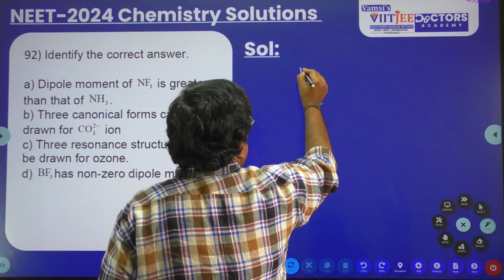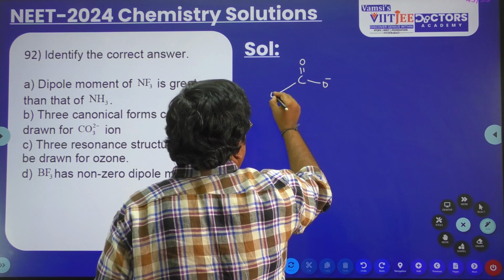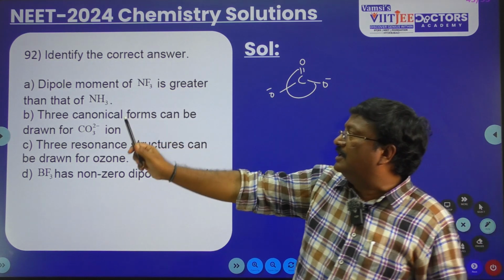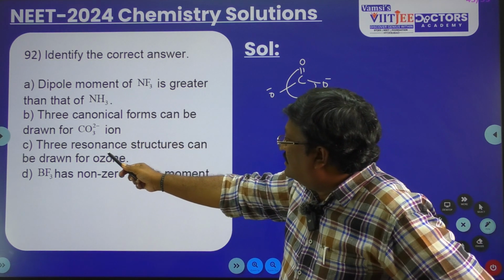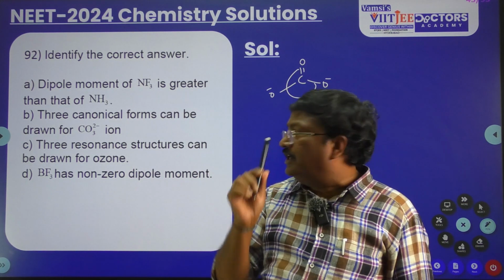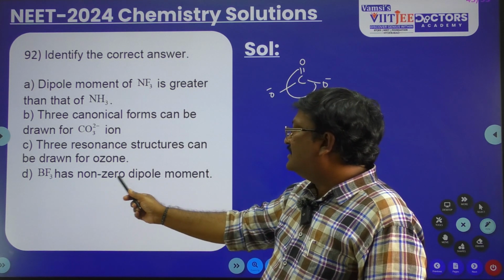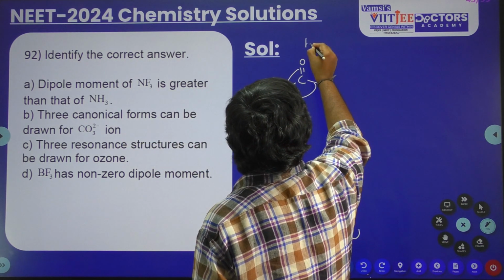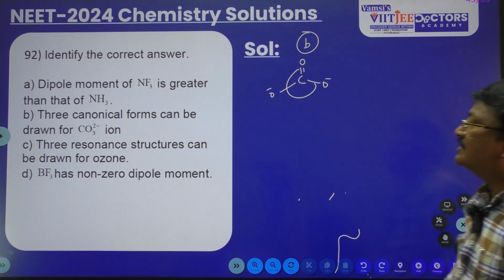Here C double bond O minus and minus, 3 sigma bonds, 3 canonical forms are written. The 3 resonance structures can be drawn for ozone. No, only 2. BF3 has zero dipole moment. Therefore, what is the correct option here? Correct option is taken as B.